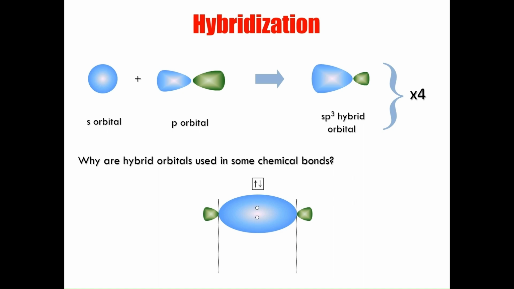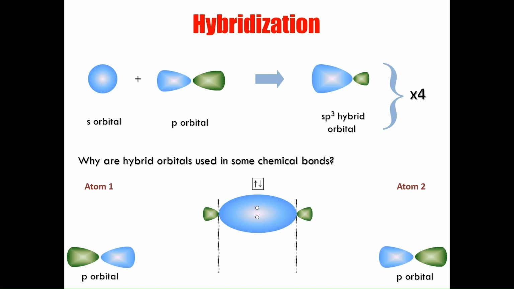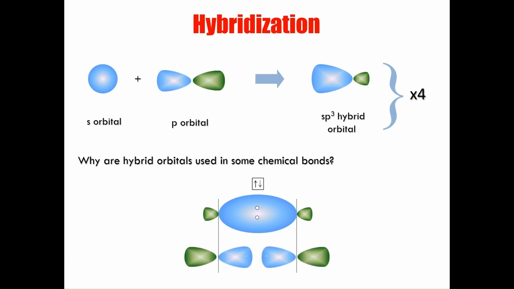Now, note the dotted lines. These dotted lines represent where the nuclei of atom 1 and atom 2 are. And so the nucleus of atom 1 is this dotted line, and the nucleus of atom 2 is the second dotted line here. Now, if we were to have 2 original p orbitals in atom 1 and atom 2 come together to create a bond, you would see that both of these orbitals do not reach each other to create this overlap.